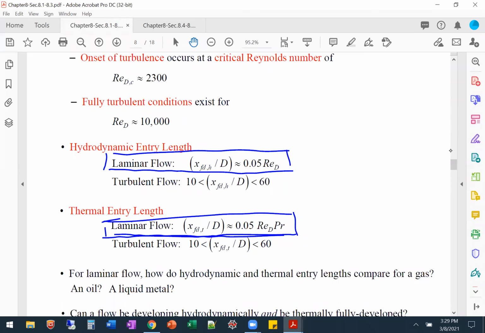So 100 or 1,000. What's that telling us about the thermal entry length compared to the hydrodynamic entry length? The Prandtl number. So let's say it's 100 or 1,000. So what is it telling us about these different lengths then?